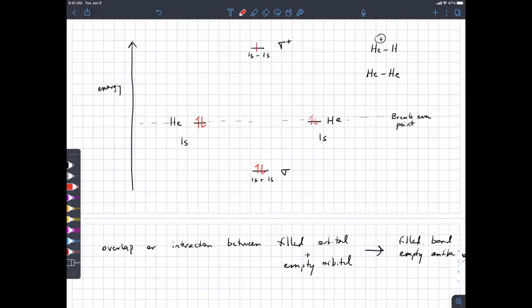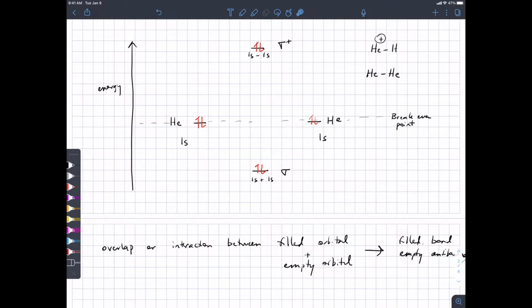When I mix two orbitals together, the plus combination's lower in energy, the minus combination's higher in energy, but I have 4 electrons instead of 2. So I populate both the lower energy one and the higher energy one. The higher energy one is always further above our break-even point than the lower energy one is below it. And so populating that higher energy one just completely abolishes the bond.